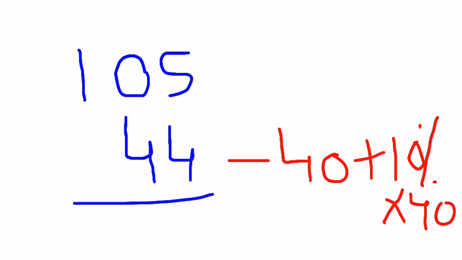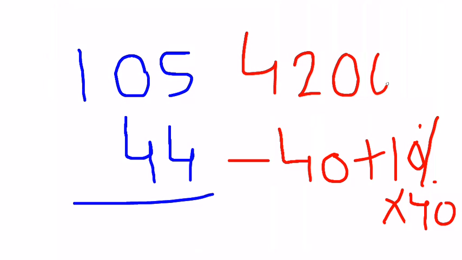So in the end you just multiply 105 by 40, which gives you 4200, and then on top you add 10%, which is 420. So basically it becomes 4620.